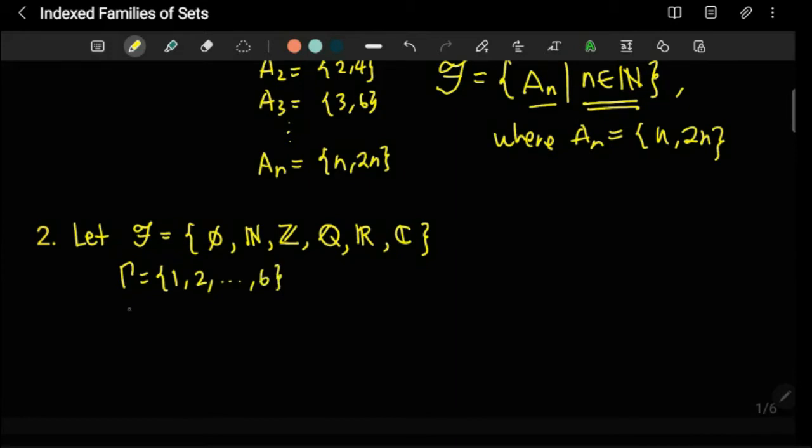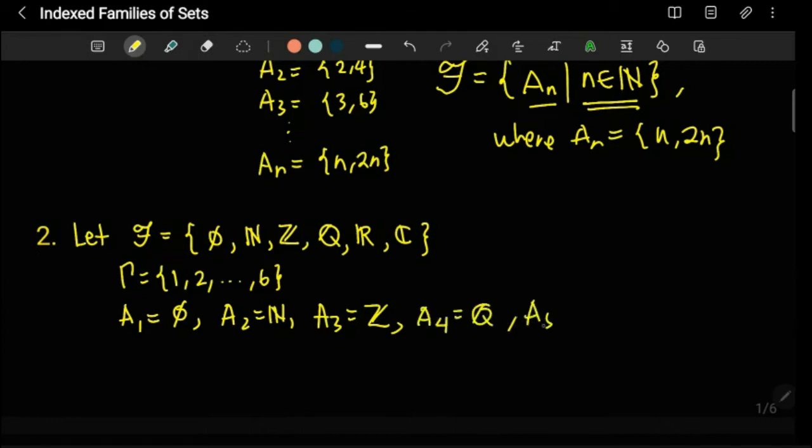And then, conveniently define A1 as the empty set, A2 as the set of natural number, A3 as the set of integers, A4 as the set of rationals, A5 as the set of real, A6 as the set of complex number. So now we can redefine the family as being indexed by gamma.